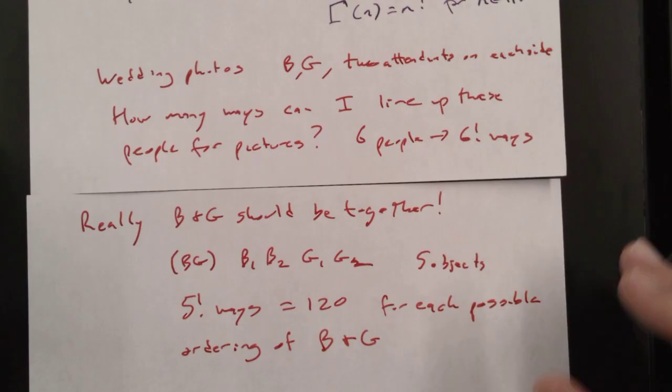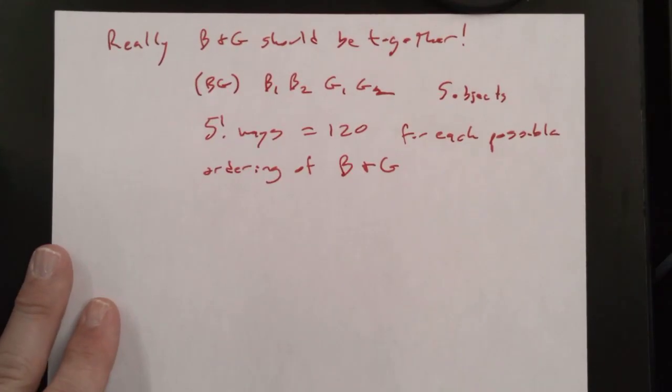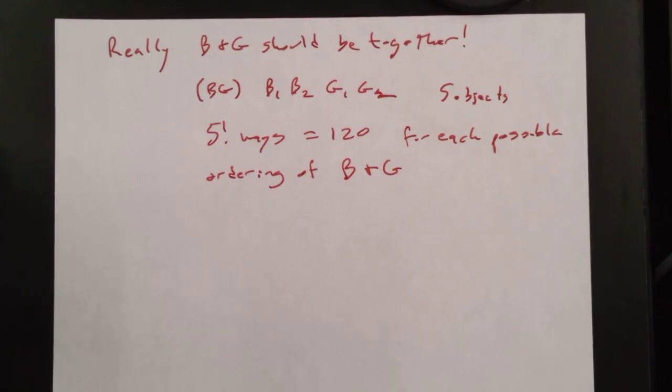So really, whenever I see an or, what does my formula from last week tell me to do? If there are n1 ways to do task 1, and n2 ways to do task 2, and nk ways to do task k, and I get to do one or the other, what do I do with or? I add them.